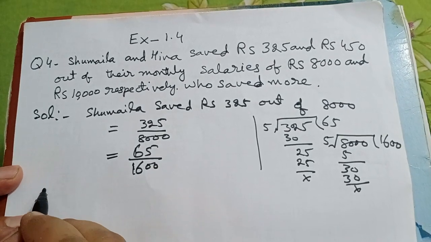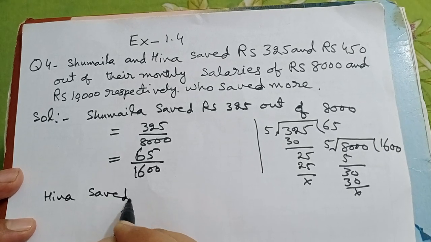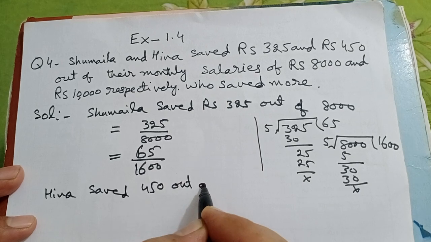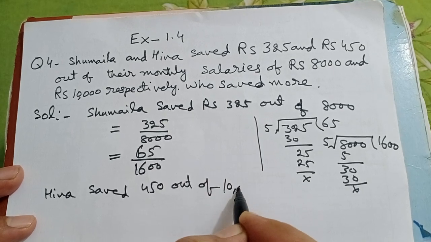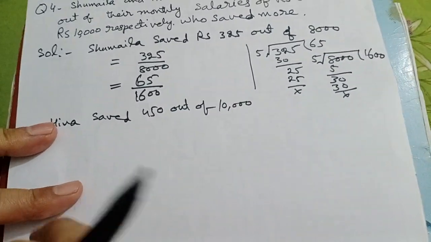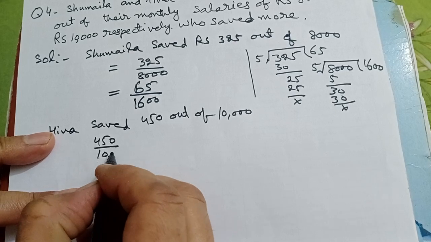Hina saved 450 out of 10,000. It means 450 divided by 10,000.